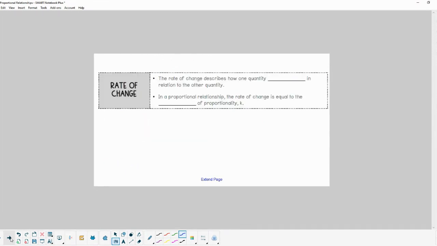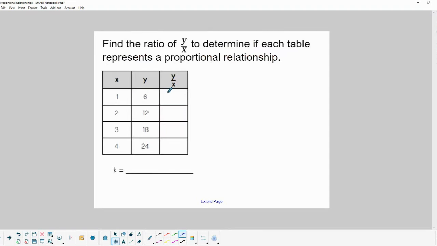Okay, so a couple more little definitions. The rate of change describes how one quantity changes in relation to the other quantity. In a proportional relationship, the rate of change is equal to the constant of proportionality. So let's see how this works.